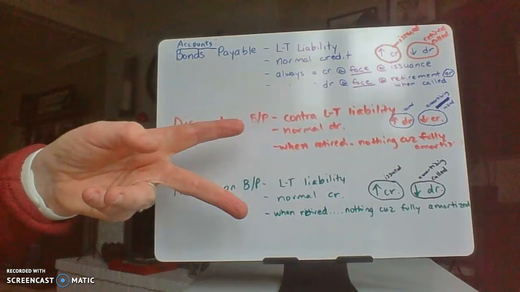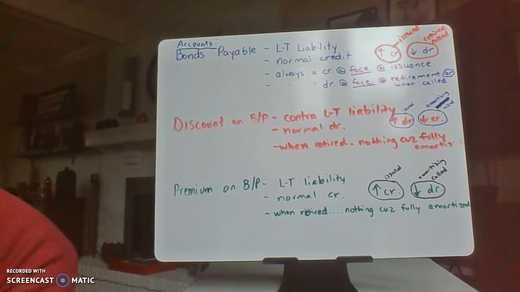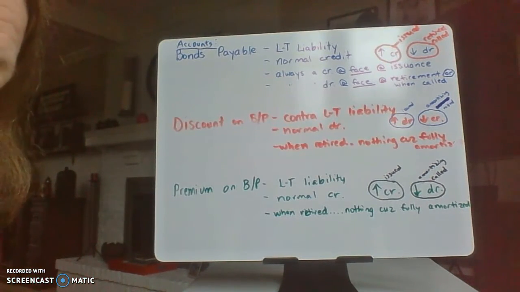And under both of these, when they're retired, nothing happens because they're fully amortized at that point. So both the discount on bonds payable and the premium on bonds payable on the date of retirement, when it's matured, would have a balance of 0, so we wouldn't do anything in the entry for those.